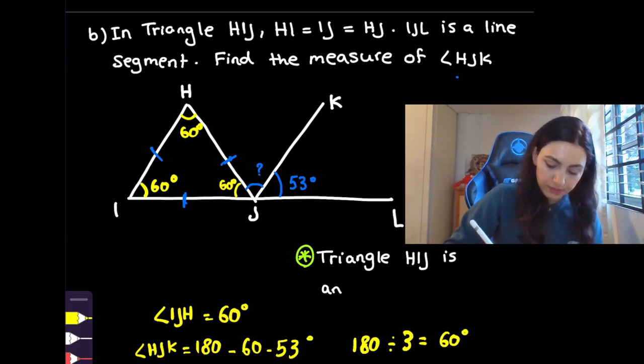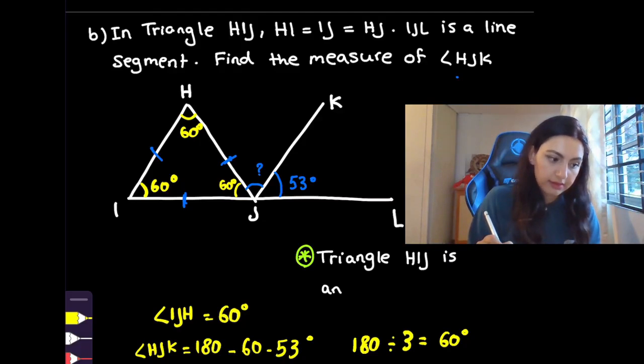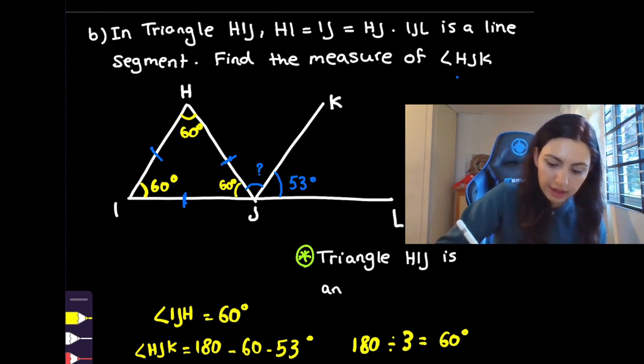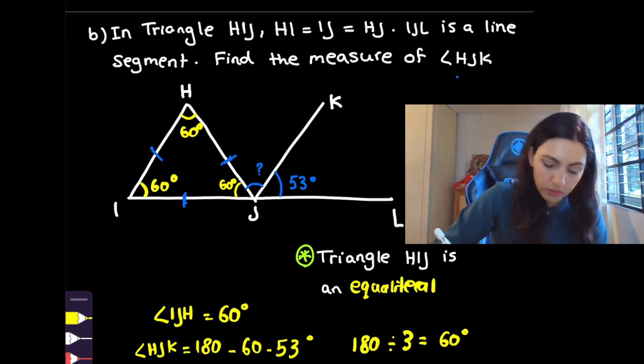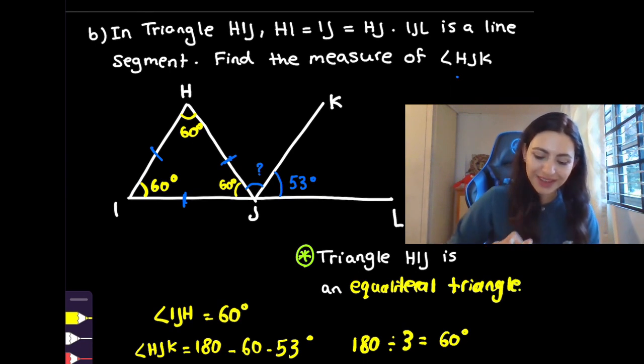Then we find 67 degrees. Okay, so triangle HIJ is an equilateral triangle.